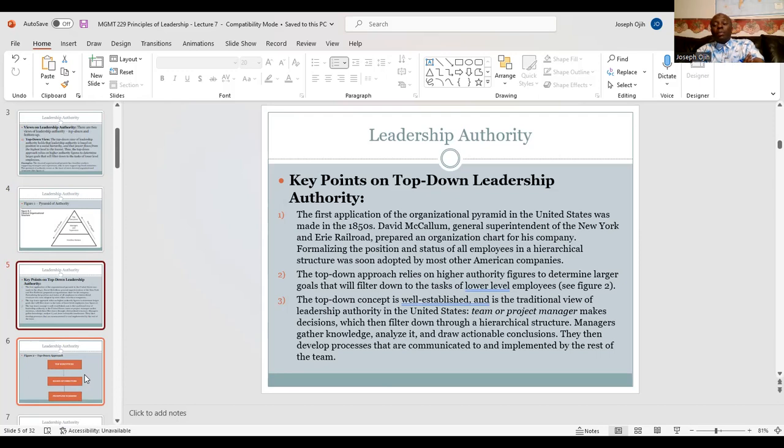During that time, he prepared an organizational chart that reflects the top-down view of authority, where power goes from the executive to the managers and supervisors, and then to the frontline workers. He prepared the first organizational chart that reflects that structure. This organizational structure was eventually adopted by most other American companies, and it became the norm.